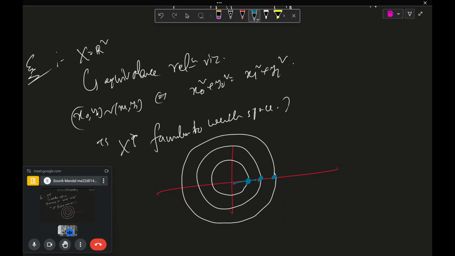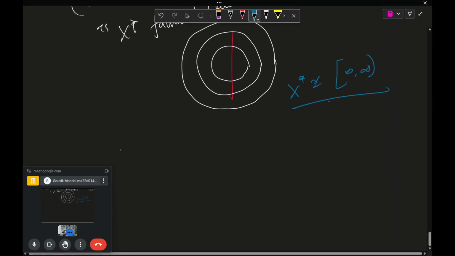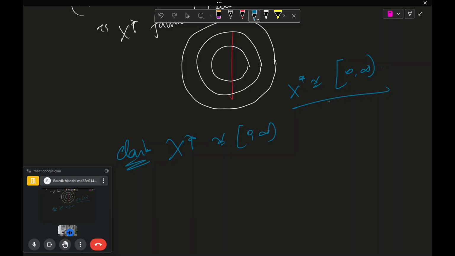So if we consider the right hand side of the x-axis of R2, then possibly capital X star should be homeomorphic to the closed interval from 0 to infinity, open at infinity. But now we need to somehow prove that this thing, capital X star, is homeomorphic to that interval.